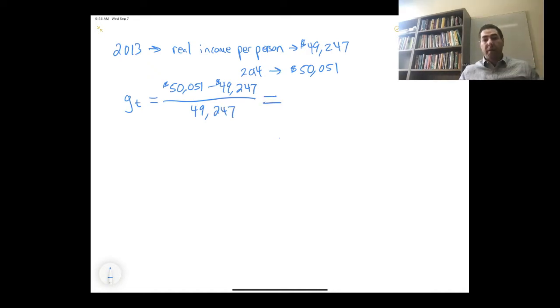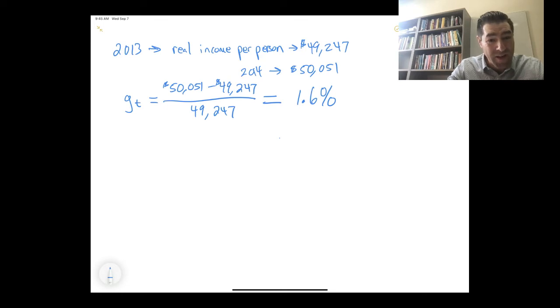I think you get about 1.6%. You can calculate that on your own. I think it's 1.62 or 1.63% is the growth rate there in per capita GDP between these two years.